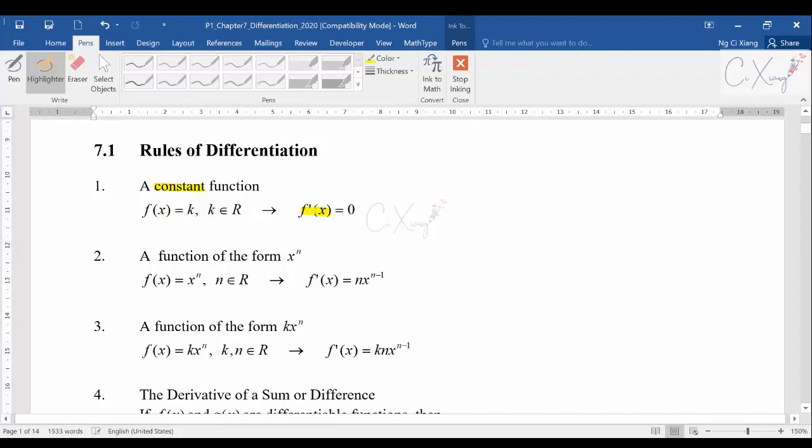Just to recall, the differentiation for function f(x) is f prime x. I hope that you can see the symbol here.